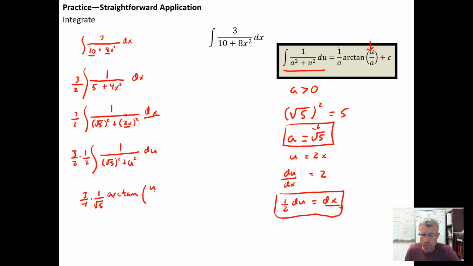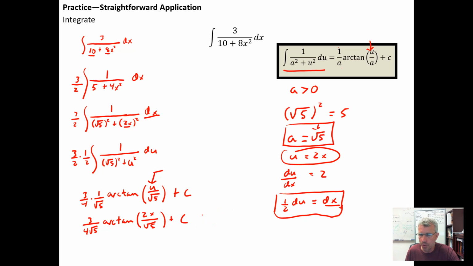So I'm going to get u over a, but a is the square root of 5. And then I'm going to have plus my constant of integration. And because I made a u sub, I'm going to replace the u with the 2x from the substitution. So I'm going to get 3 times 1 is 3 over 4 times the square root of 5 times the arctan of u, but u is equal to 2x, over the square root of 5 plus the constant of integration.